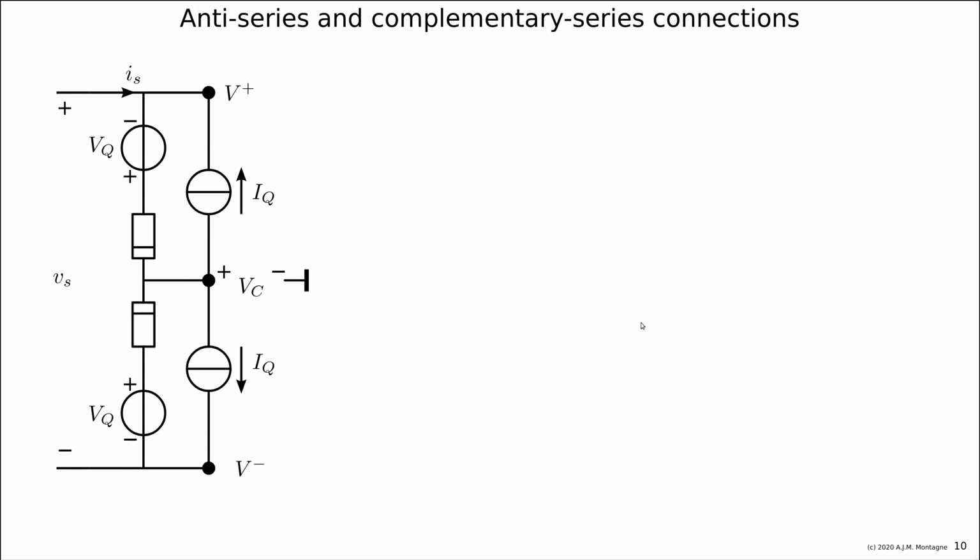Sorry, I first want to go to biasing. So we have discussed biasing, and biasing, you remember, with a two-port with a transistor required four sources. And if we do it with a nonlinear resistor, like a diode, for example, it requires two sources. You can see if we drive one current, if we drive IQ through a non-resistive element, a passive element, then it will generate a voltage, and VQ exactly compensates for that voltage.